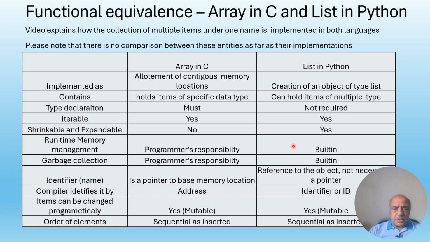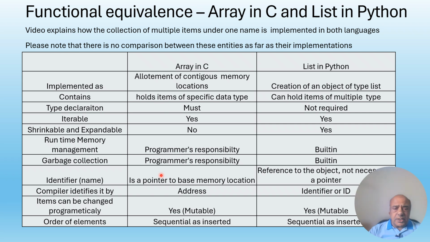A programmer simply writes a statement and the memory management functions are taken care of by Python during runtime. Garbage collection in C is a programmer's responsibility. In Python, it is built in.